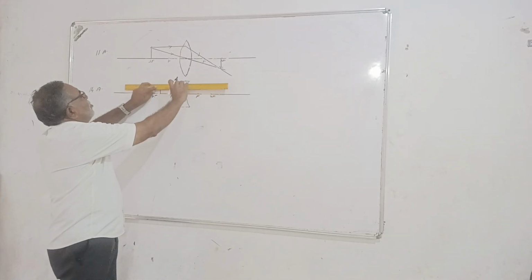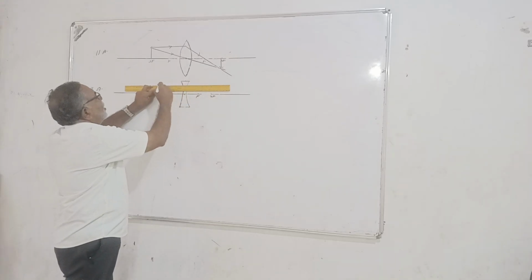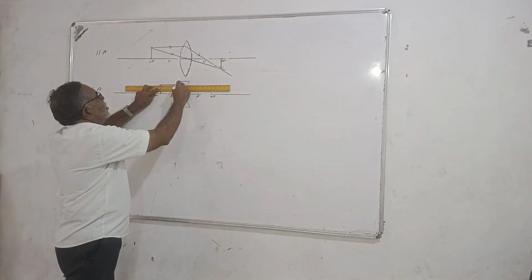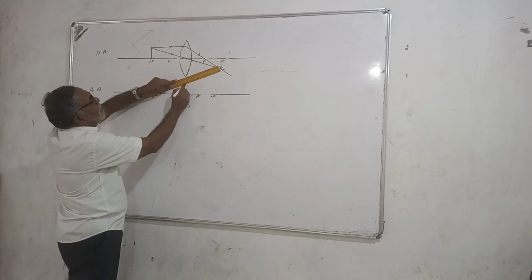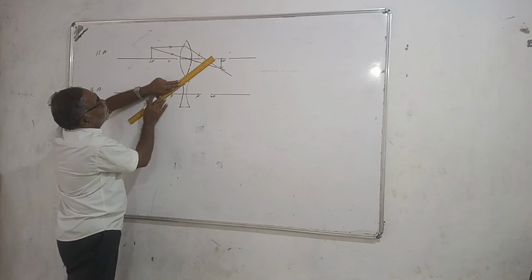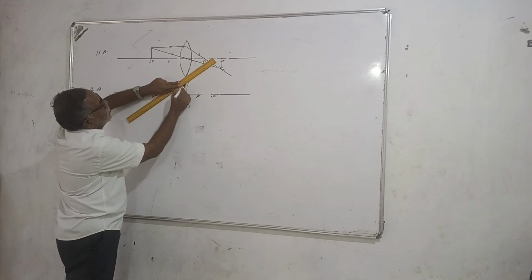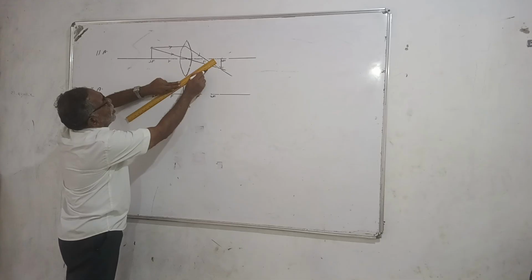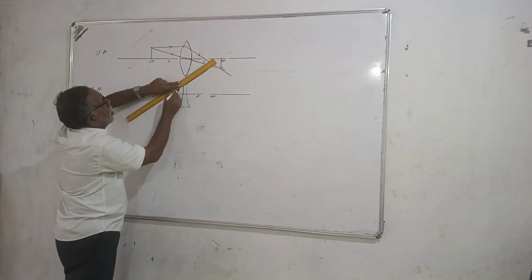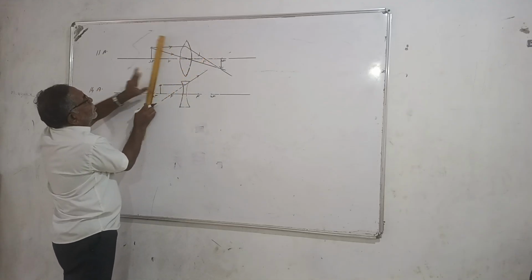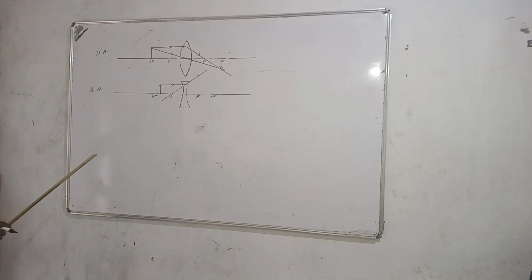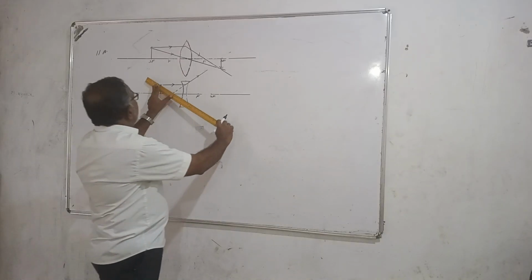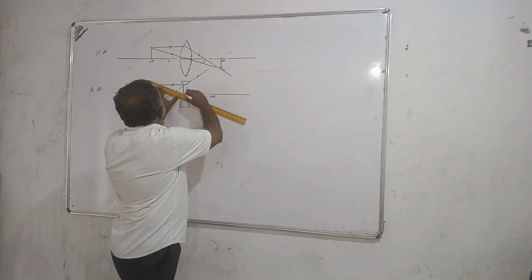A light ray falls on the lens from the object, a ray of light, that diverges, not converging, it is diverging. And passing through the focus. And a ray of light passing through the optic center.